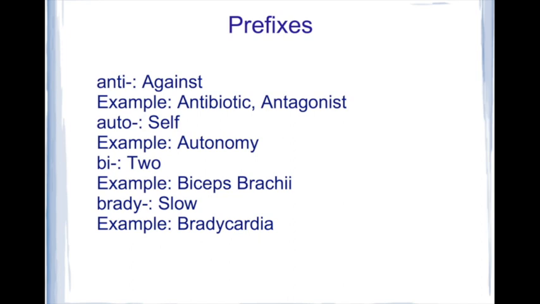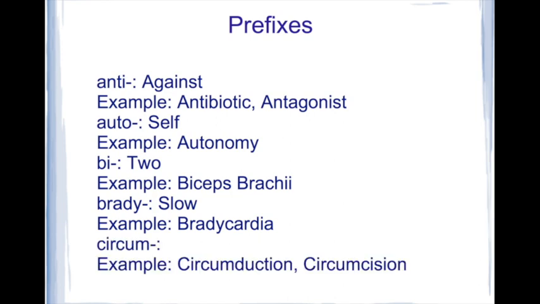Circum, like circumduction, or circumcision, or circumference. So when you're performing circumduction in your shoulder, what are you doing in regards to the circumference of the joint? You're moving the structure. When somebody gets a circumcision, cision means cutting, right?